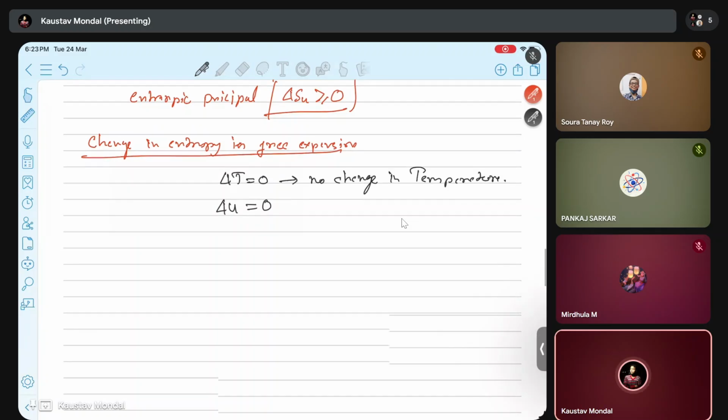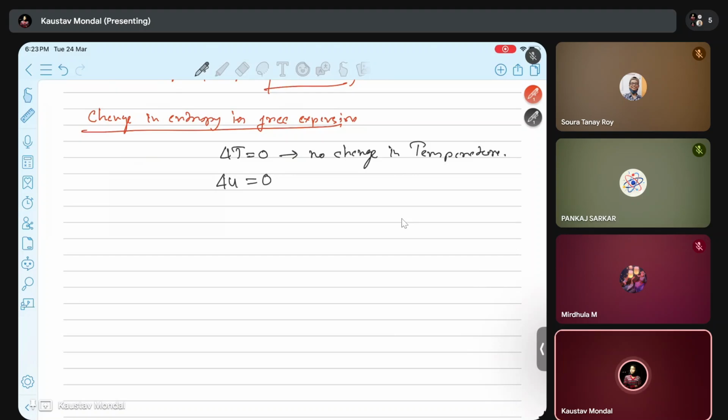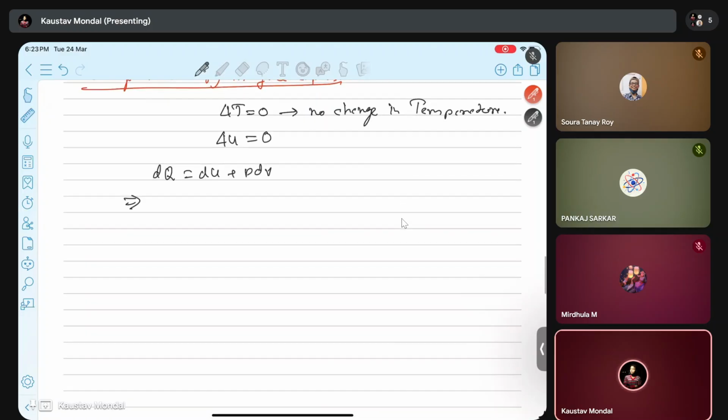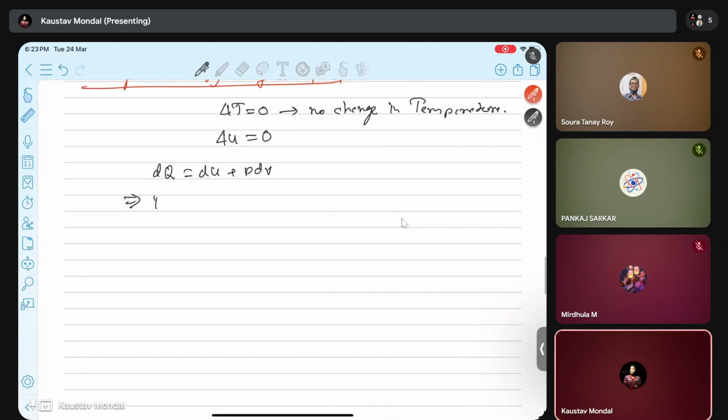In this case, you can easily calculate the change in entropy also. So you know dq equal to du plus pdv. This equation is the first law of thermodynamics. You can write it like this: TdS equal to dU plus PdV. Since dU is equal to 0, dS you can write as PdV by T. P by T you can write from the ideal gas equation, PV equal to nRT, right?